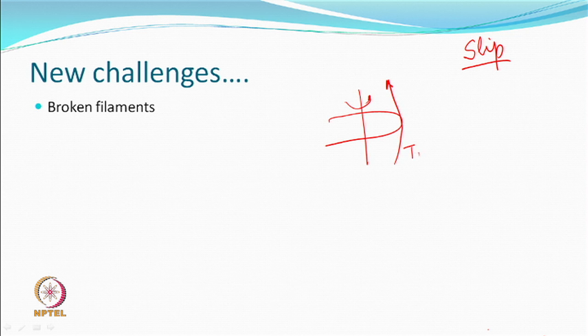So, you have some tension here and some tension there. So, there are two values and how they become important. If somebody asks what do you think would happen to the number of broken filaments if you change a parameter, before that, let us actually understand what we mean by this, okay, and why it would occur.